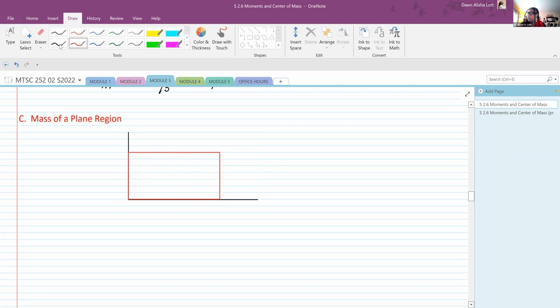Here's my plane region. It's rectangular, very nice and easy to work with. I want to find the center of mass. Now the center of mass is going to have an x location and a y location.